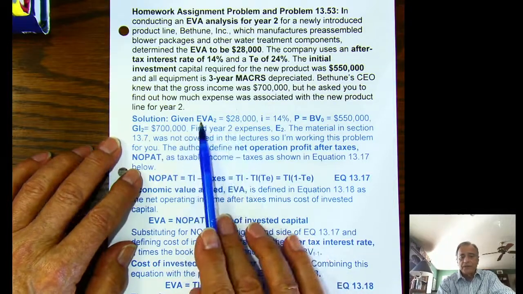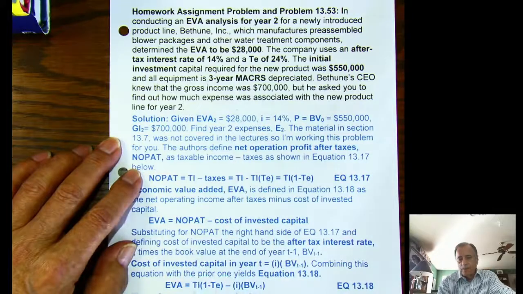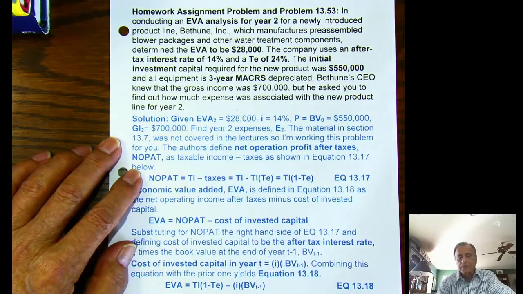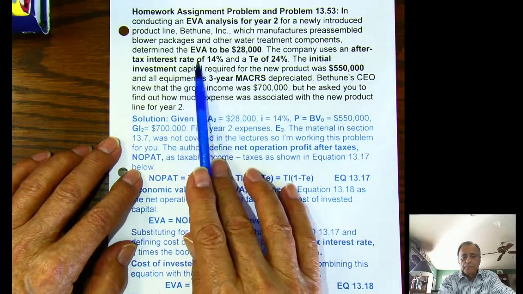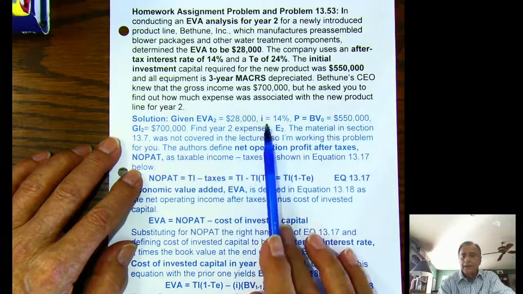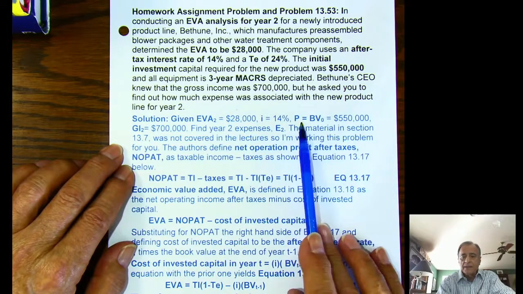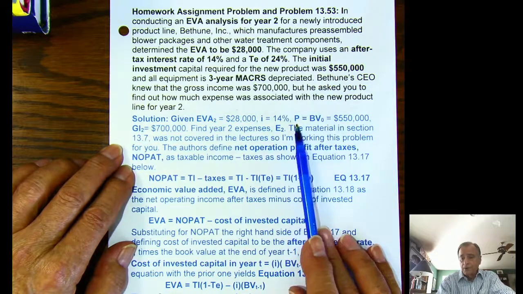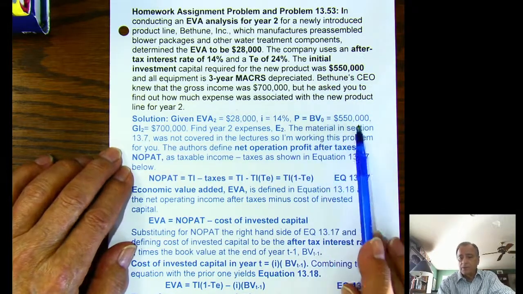We're given the EVA in year 2 is $28,000, okay? So I subscripted it with a 2 to represent year 2. And we're given that the after-tax interest rate, which I called I, is 14%. And we're given that the price for the equipment was $550,000, which is also the book value at time 0.